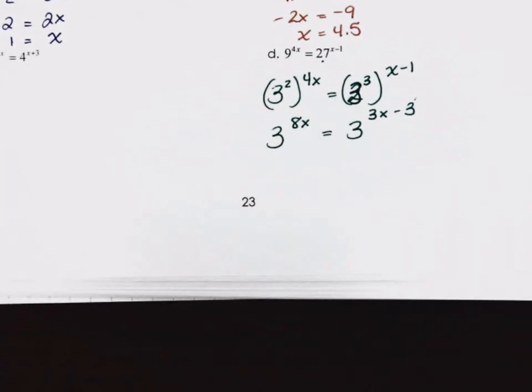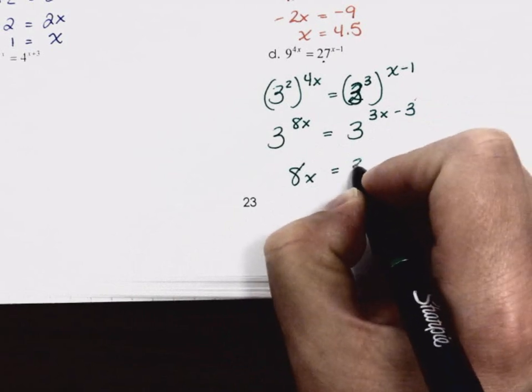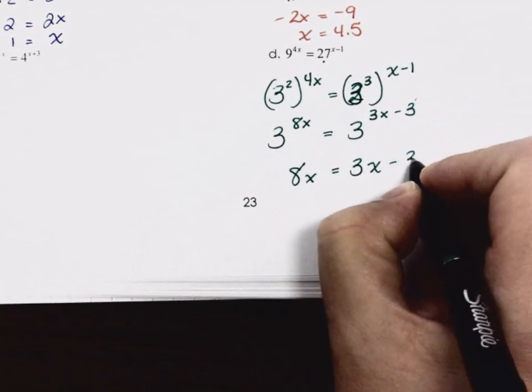So again, we're just dropping those exponents down. We're not canceling out the bases. That's bad math. We're just dropping the exponents down because now we can set those exponents equal to each other.